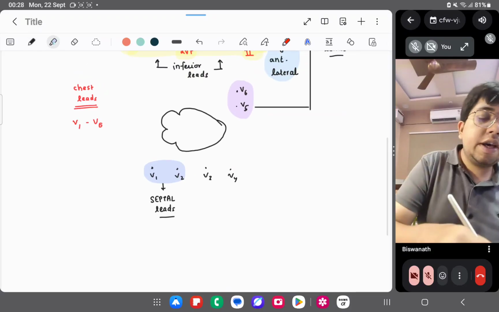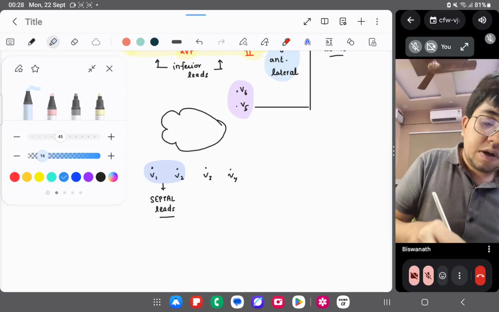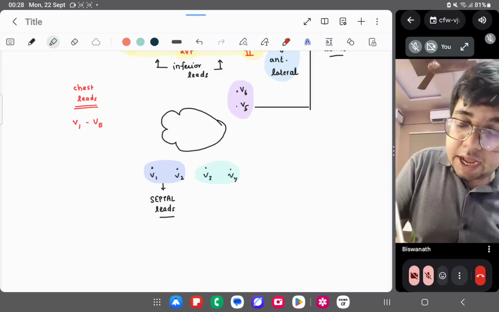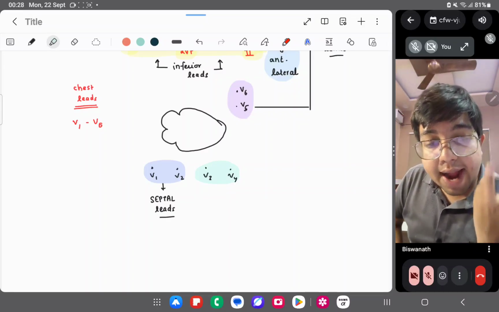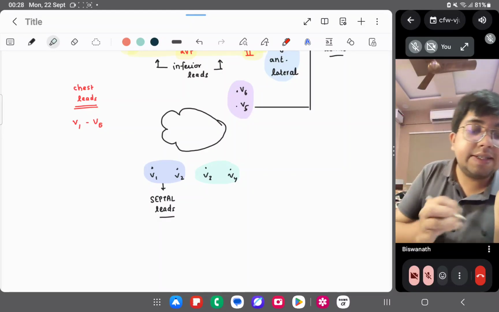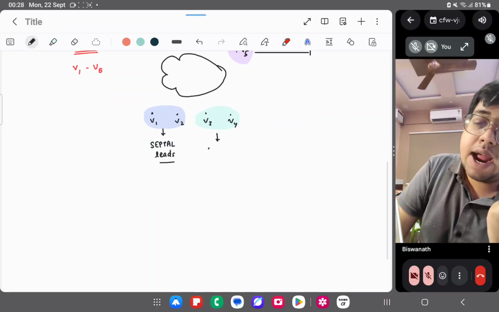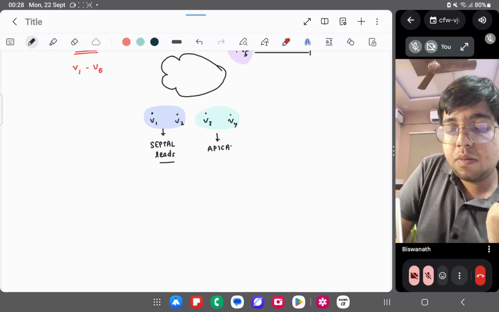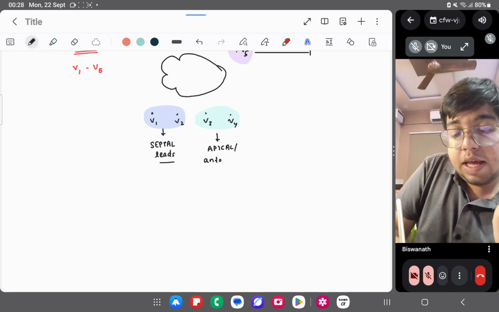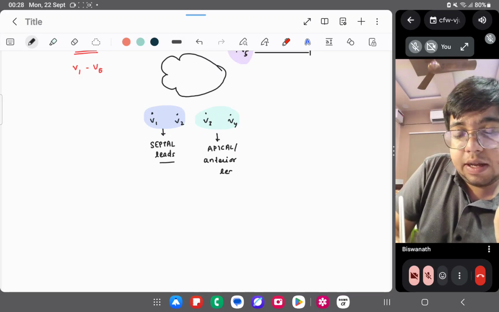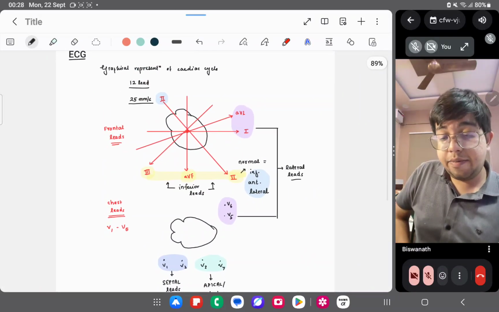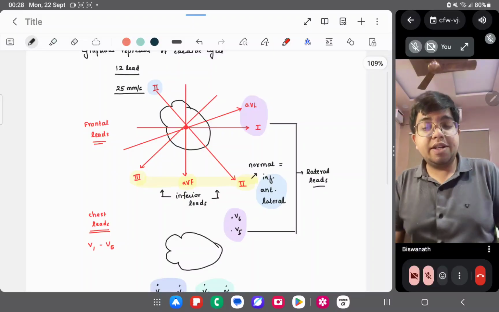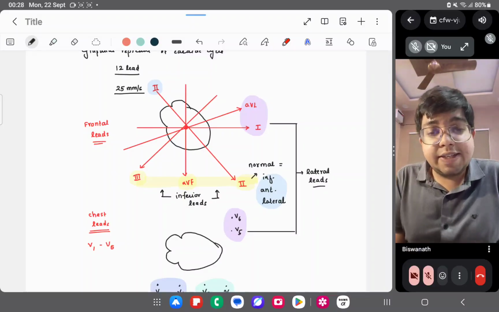V3 and V4 are basically your anterior leads or the apical leads. Look at this again. I'm sure you understood what the placements of the leads are.